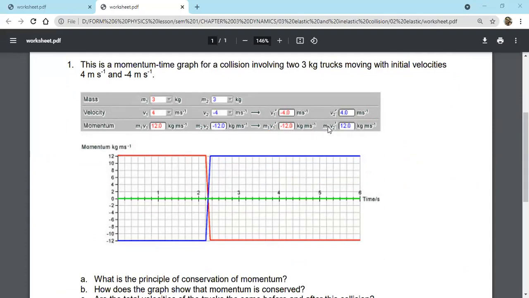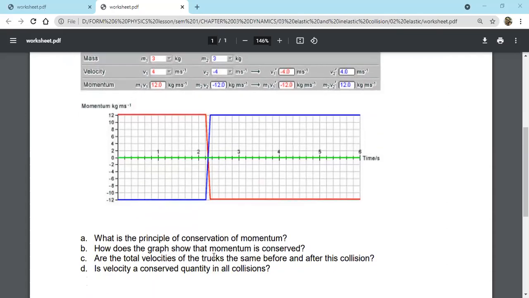So P total before equals 12 plus negative 12, which equals 0 kg m s^-1. P total after equals negative 12 plus 12, so it is still 0 kg m s^-1.